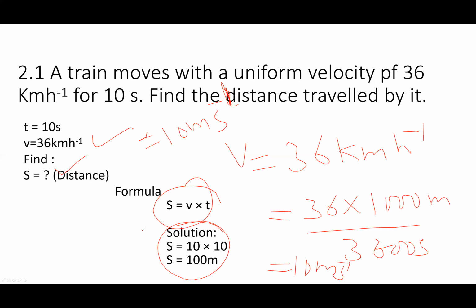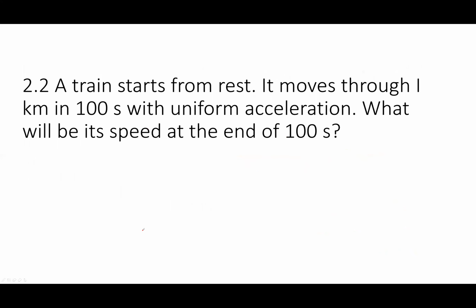Now next numerical: a train starts from rest. It moves through 1 kilometer in 100 seconds. I will write the data. Train starts from rest.